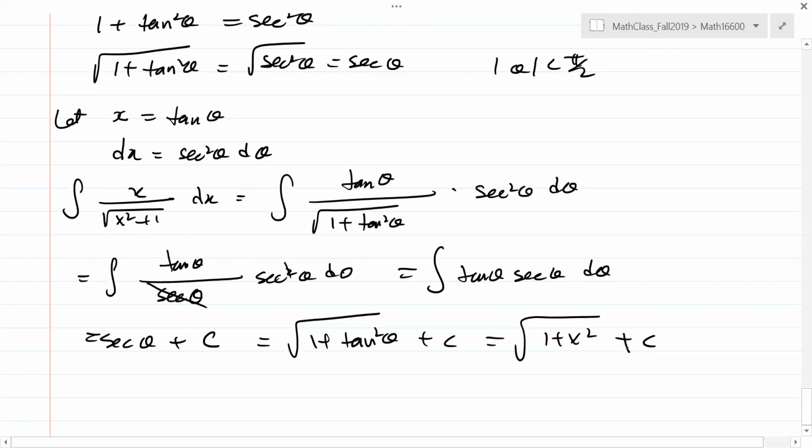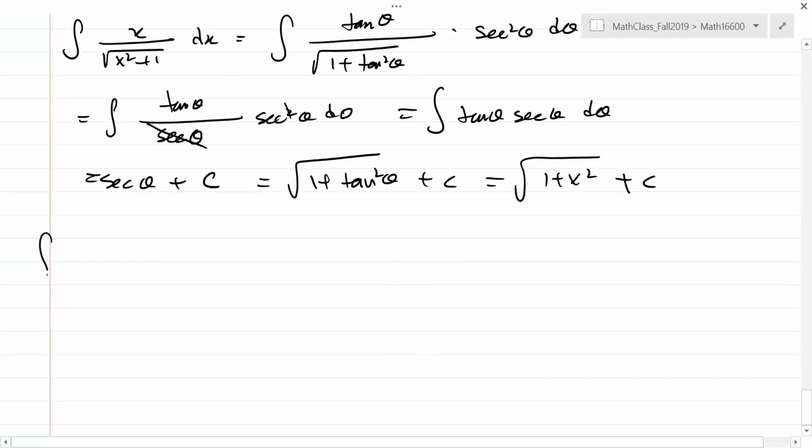Okay, so this is how we solve the problem. For this particular problem, we have two different ways to solve it: one is a traditional substitution, or we can use a trigonometric substitution. Yeah, let's go back to here.